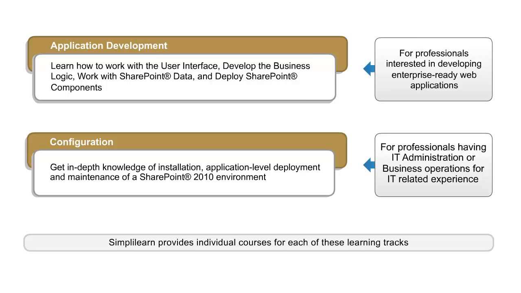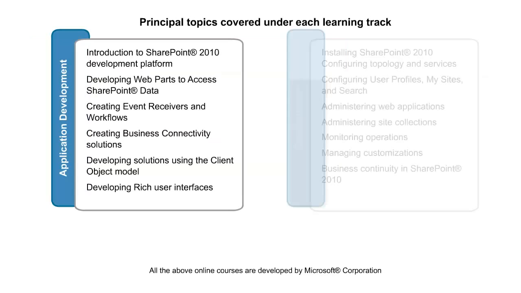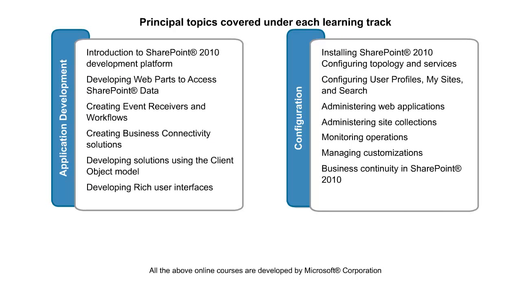With this understanding of the major professional level learning tracks for Microsoft SharePoint 2010, let us now take a look at the courses available for each learning track. Each of the two learning tracks discussed in the previous section has its own set of courses covering various topics on SharePoint 2010 configuration, as well as on application development.